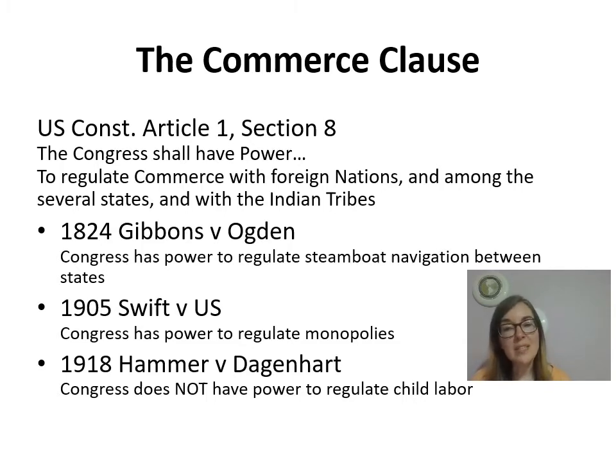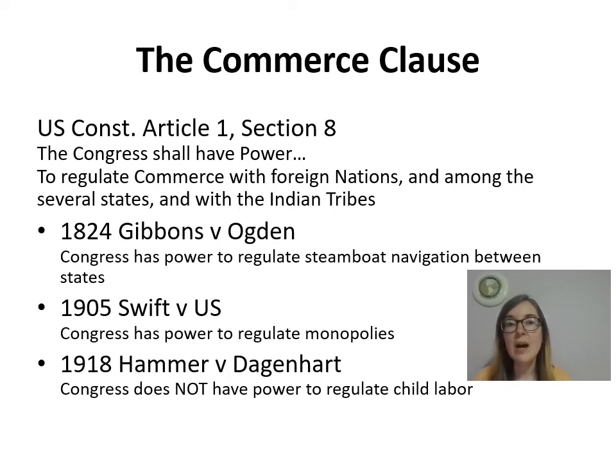So looking at these different cases through time and highlighting the different ways the Commerce Clause has been interpreted really can illustrate how the definition of federalism and the boundary between national and state has changed over time.